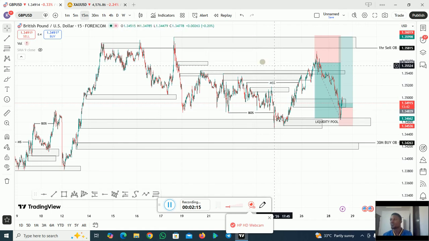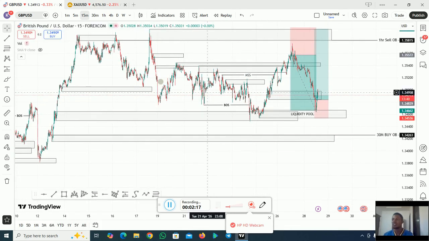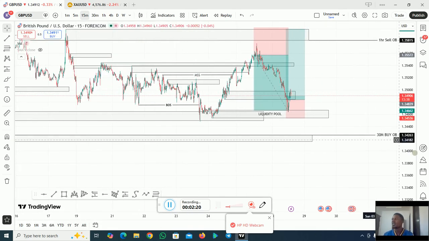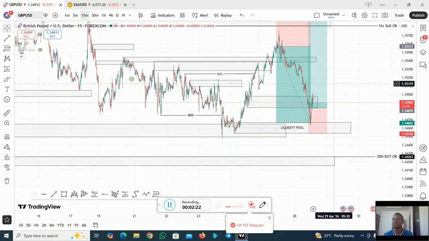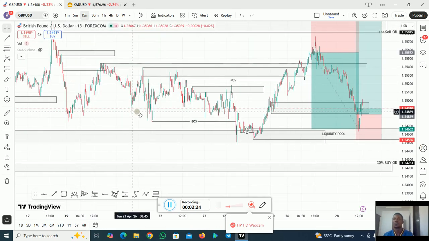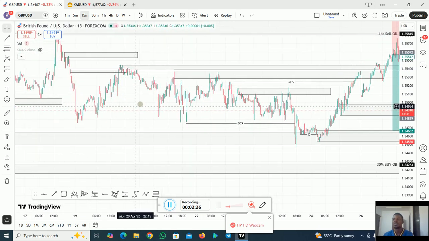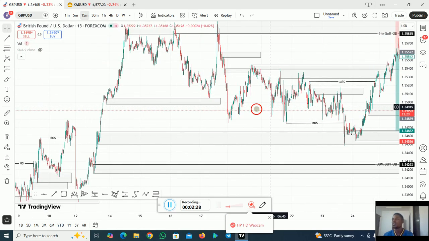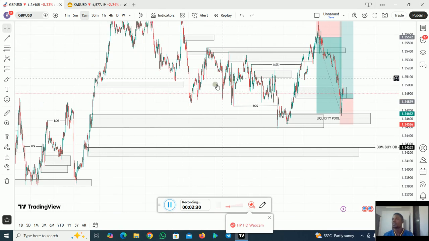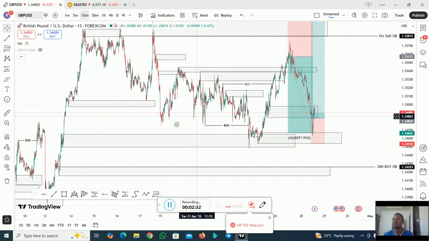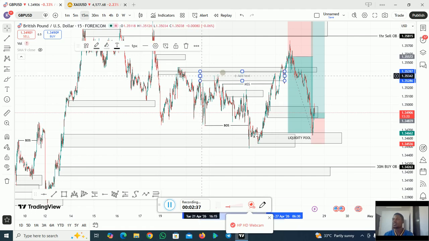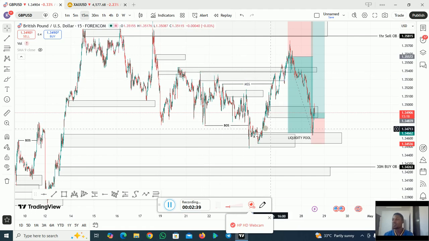So I did my analysis, and as you can see, there were a lot of supply zones that are yet to be swept here. This entire place was the last low that came to break structure. So the market went back, mitigated it, and went on to cause another break of structure again.